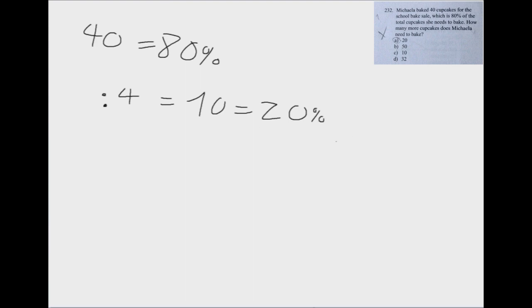This already looks a lot easier, so 20% is a fifth of 100%. So we go up, again we go forth, and we multiply both sides by 5. We have 50 is 100%.